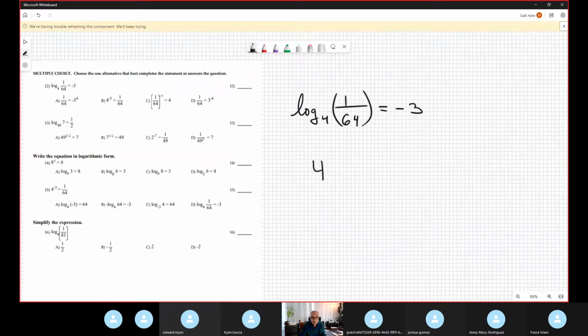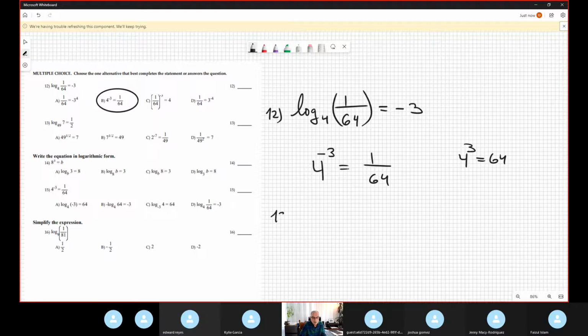The exponent is -3, and the answer is 1 over 64. Now it makes sense because negative exponent is reciprocal, and I know the 4 to the cubic power is 64. And the negative is 1 over 64. It's the option B. It's number 12.